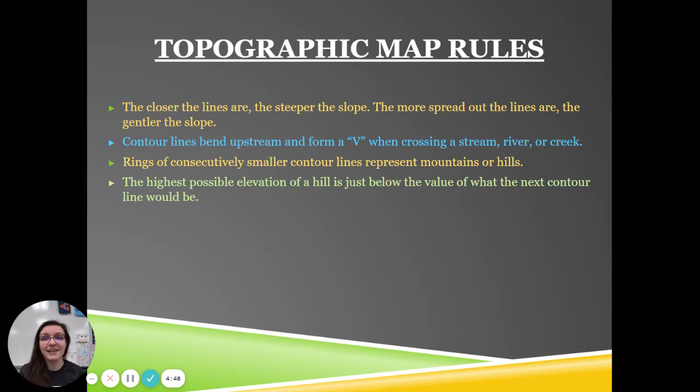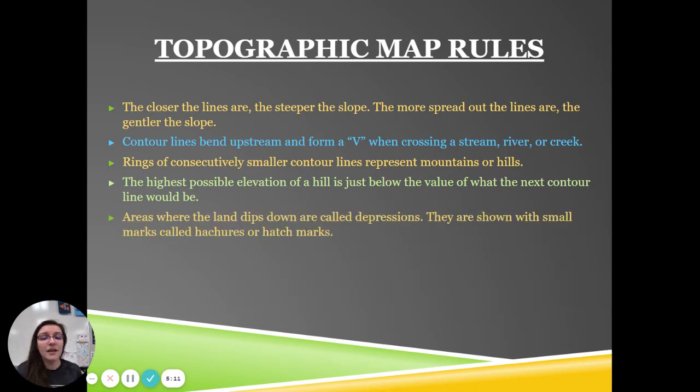Otherwise, there would be a line that says 130. So you've got a 120 line, there's no 130 line. That means the tallest possible height of that hill is 129. It hasn't gotten tall enough to need the next line. So the highest possible elevation is just below what the next line would be. And again, we're going to look at an example of this in a second.